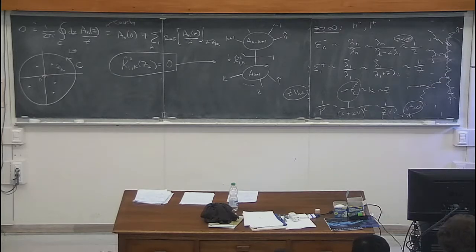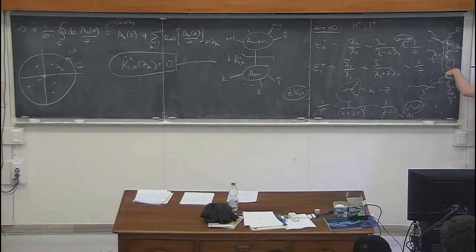Every vertex goes like z. So in this chain, every time I have a propagator and a vertex, that cancels. The z cancels the 1 over z. But after doing this, I always have one leftover vertex.